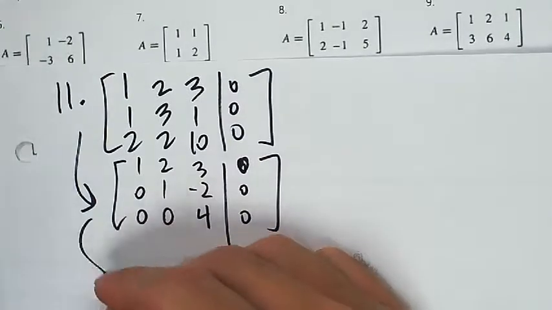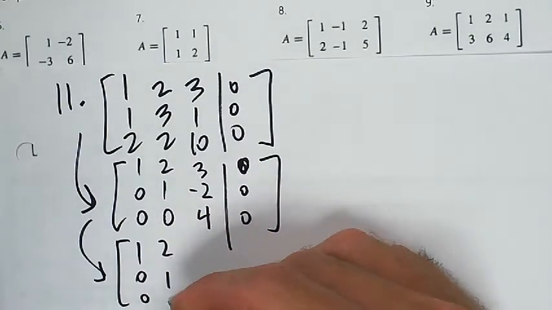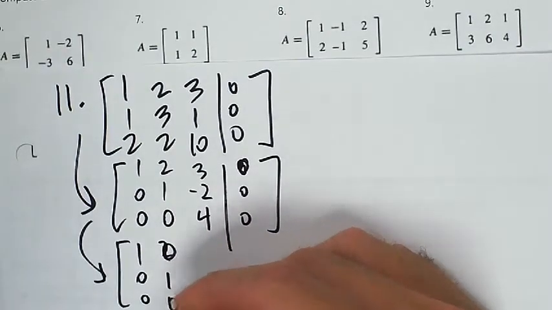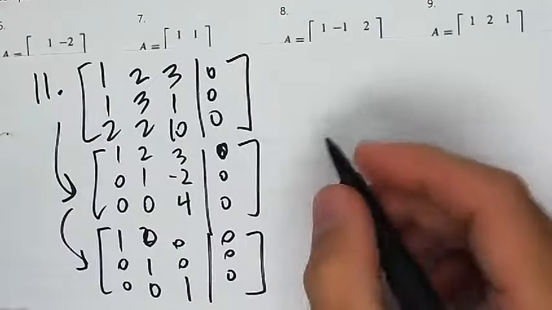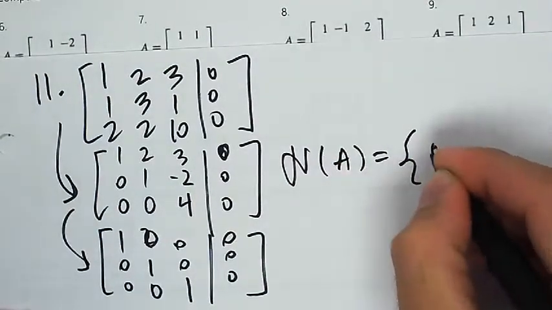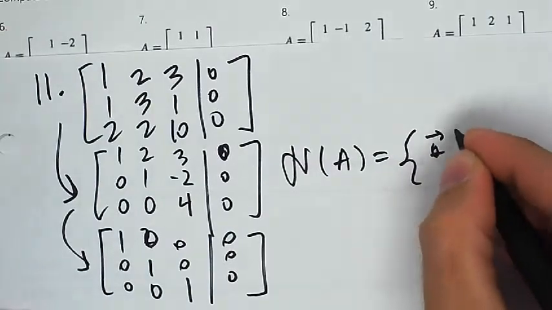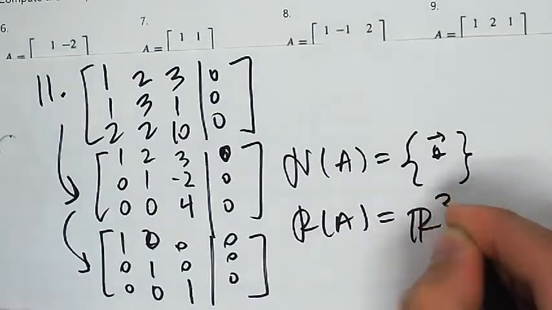So I know what's going to happen is 1 0 0, 2 1 0, 1 0 0 0 1. So again, I'm going to conclude that the null space of this matrix is just the 0 vector, and the range of this matrix is all of R3.